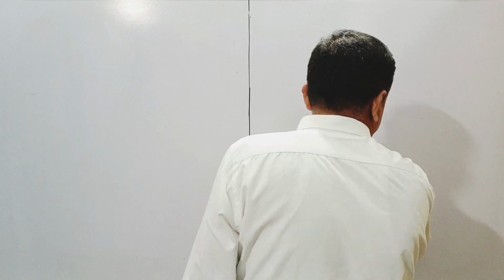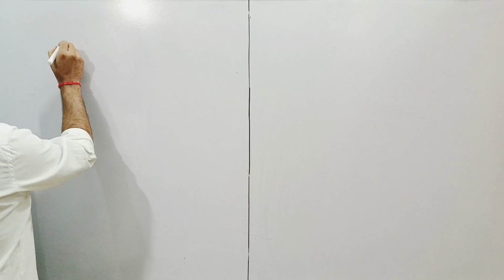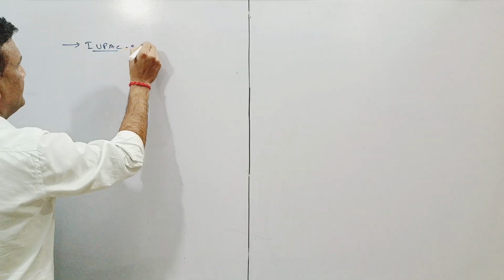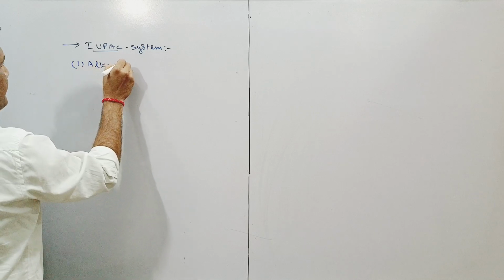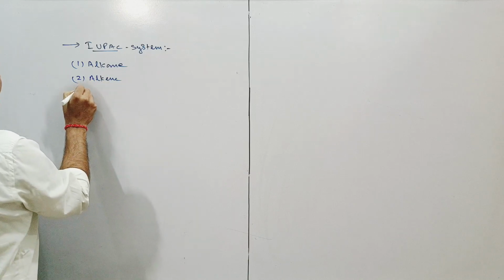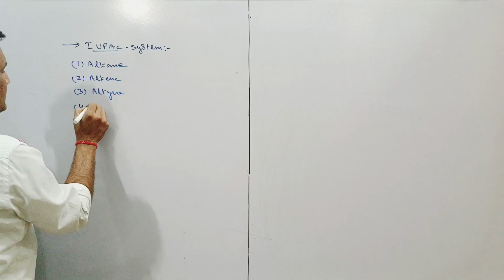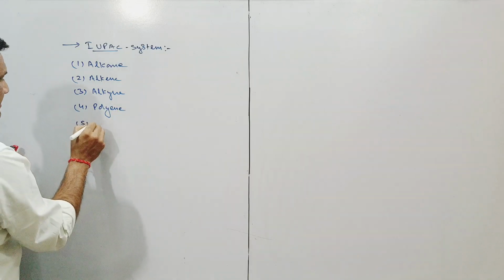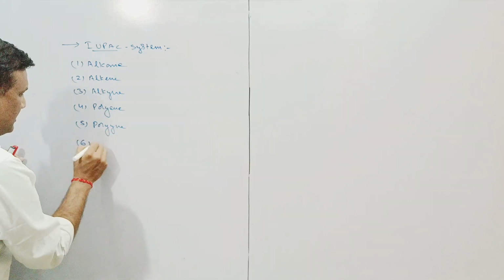First of all, if we go with the IUPAC system, then regarding the IUPAC nomenclature system, we will go with the first, that is alkane. After that, we'll go with the second, alkene. After that, the third, alkyne. After that, the fourth, polyene. After that, polyyne. After that, alkenyne.